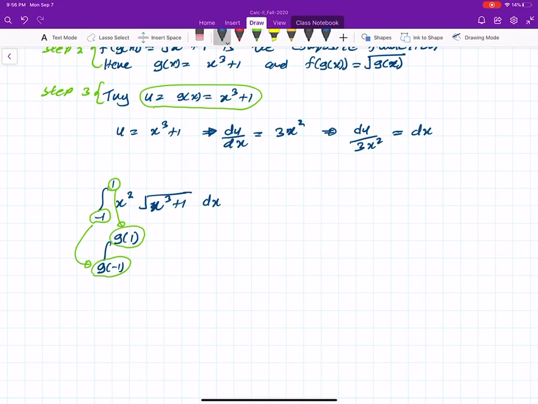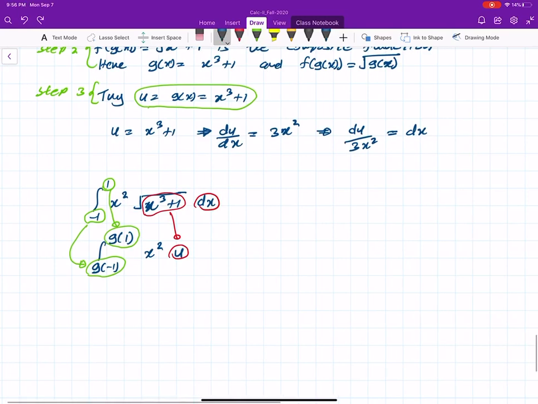Alright, then you write this to be x to the power 2, and for this part we substitute u, because that is just u. And for dx we substitute that part, that is dx.